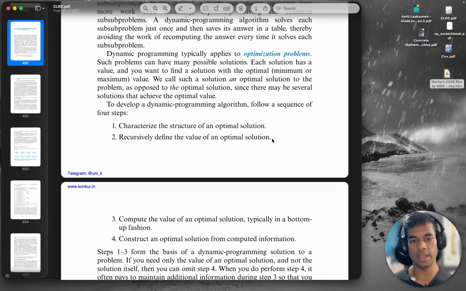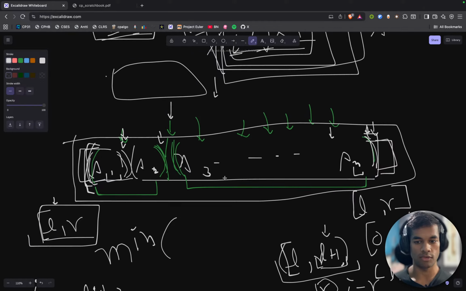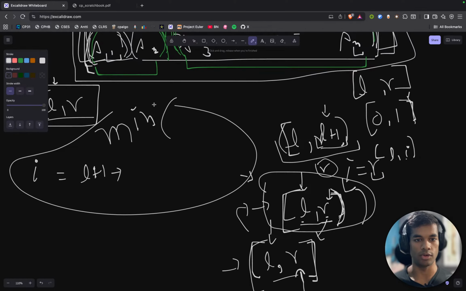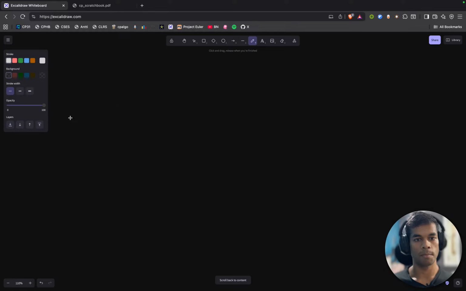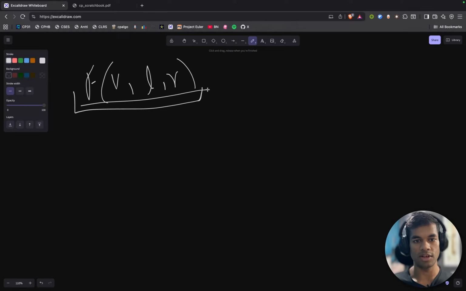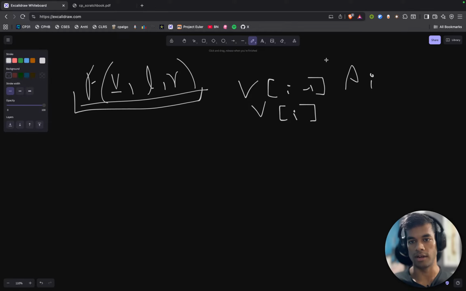And then we recursively defined, we didn't write an equation actually. We did try to write an equation. So let's say f(v, l, r) gives us the least amount of scalar multiplications, where v[i-1] and v[i] give us the dimensions for the ith matrix. v[i-1] is the number of rows in this matrix, and v[i] is the number of columns in this matrix.